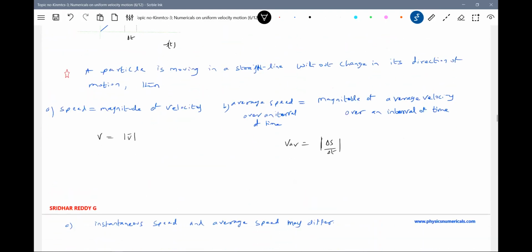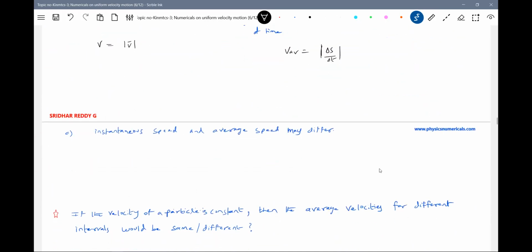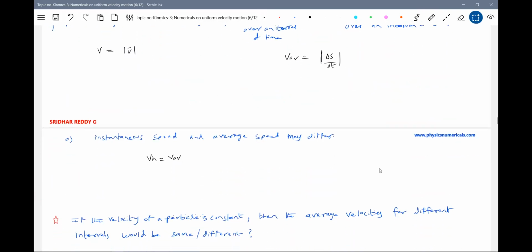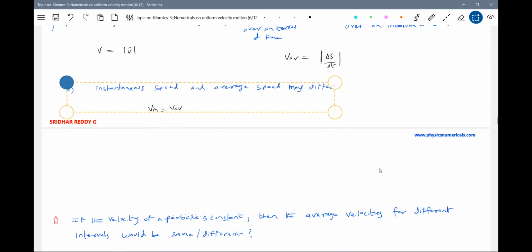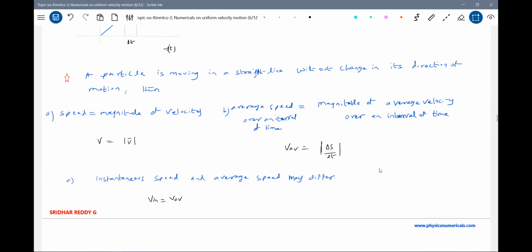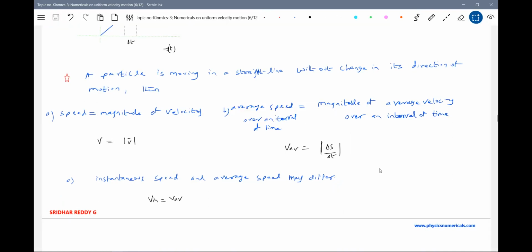I think for a particle moving in a straight line without changing its direction of motion, instantaneous speed and average speed will be the same.